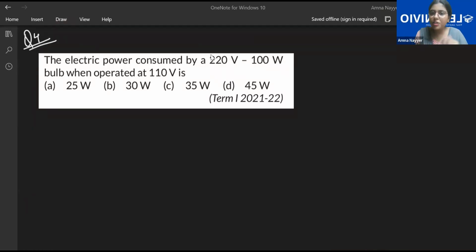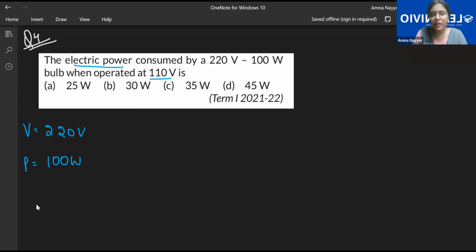That is, when the bulb was produced, what rating was given, at what voltage, what power will it give. So this is what is meant by the power rating of the bulb. Here voltage is given as 220 volt and the power is given as 100 watt. So it says you have to find the power when the voltage is 110 volt.